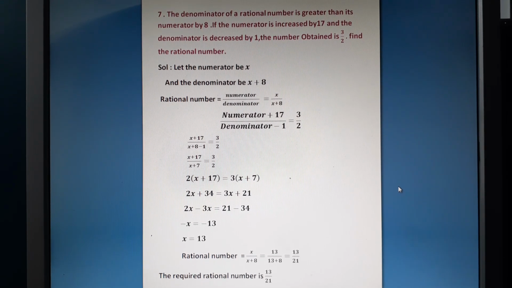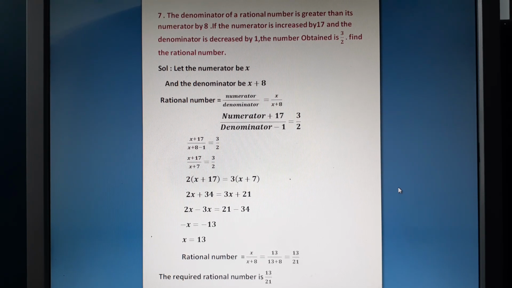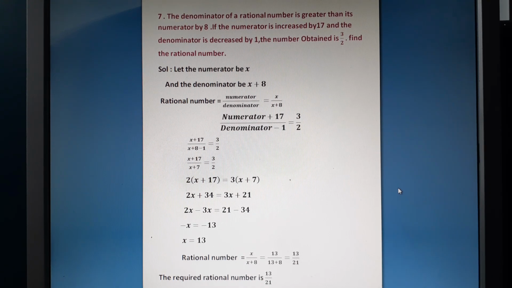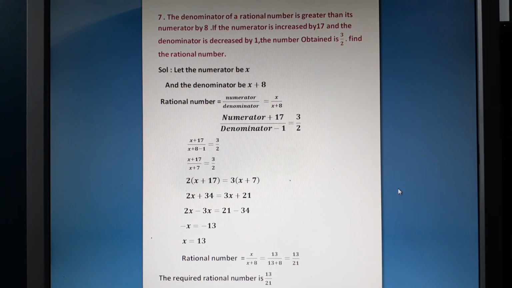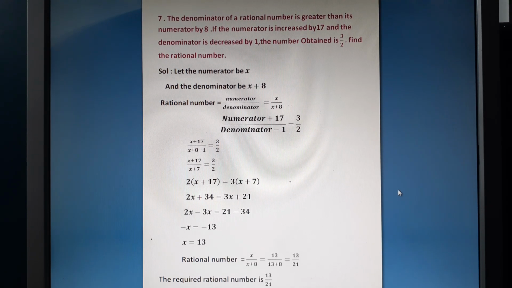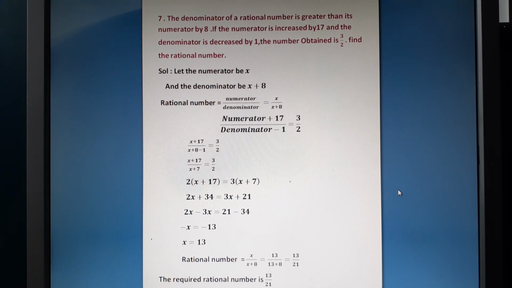Do the cross multiplication. We get 2 into (x plus 17) is equal to 3 into (x plus 7). 2 into x, 2x, plus 2 into 17, 34, is equal to 3 into x, 3x, plus 3 into 7, 21. Take right hand side 3x to left hand side, it changes into minus 3x. Now we get 2x minus 3x is equal to 21.